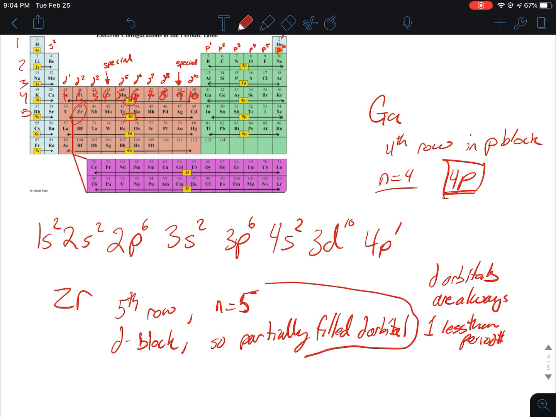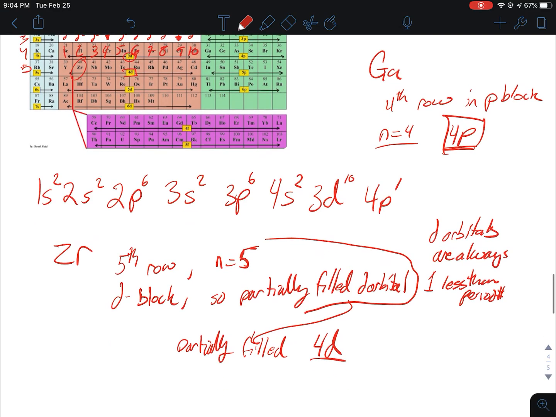If you combine these two facts together, then you'll say that it's a partially filled 4d orbital. And then it is the second d metal. So that implies that it's not just 4d, it's 4d2.